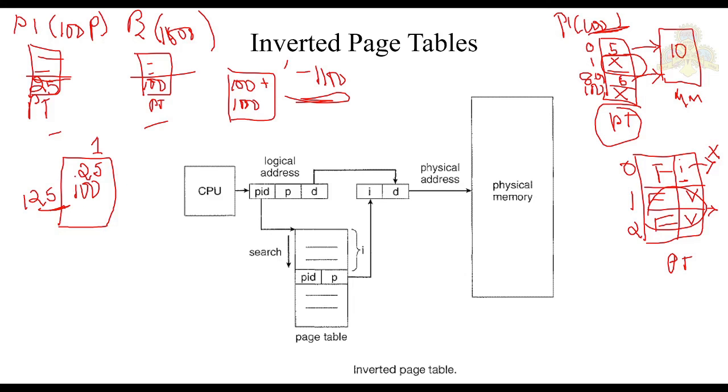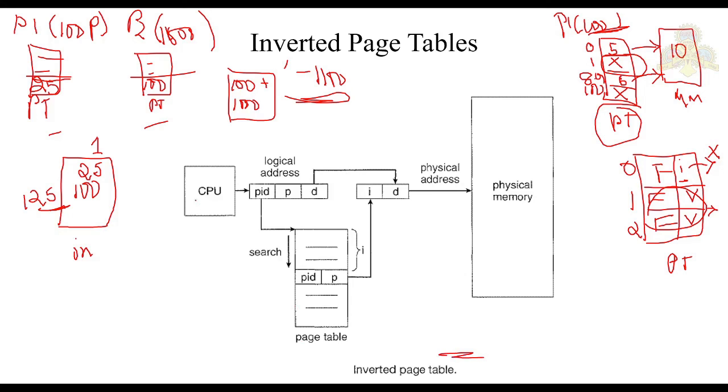In the inverted page table, only the information about those pages of particular processes which are there in the main memory, only those entries, would be kept in your inverted page table. Now let us consider this diagram for the inverted page table.